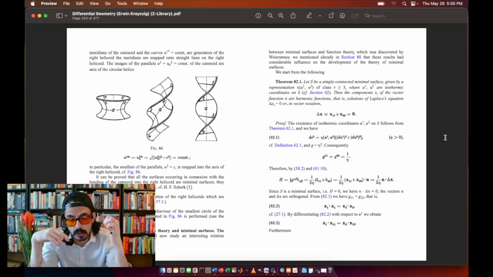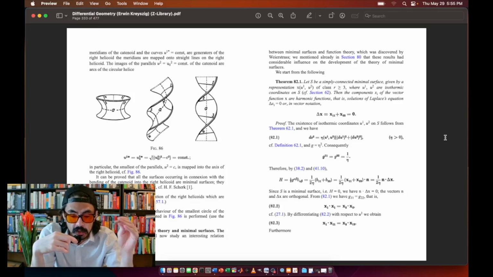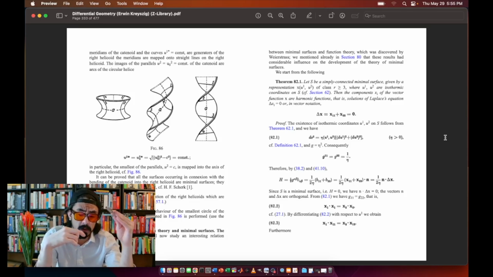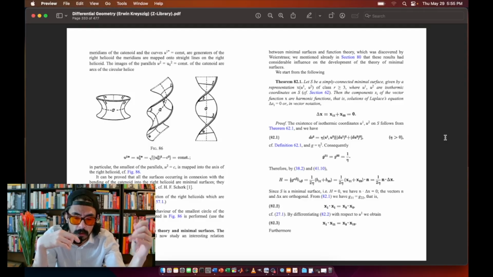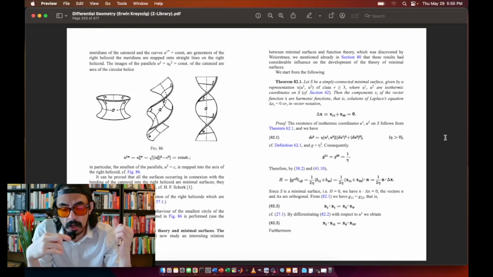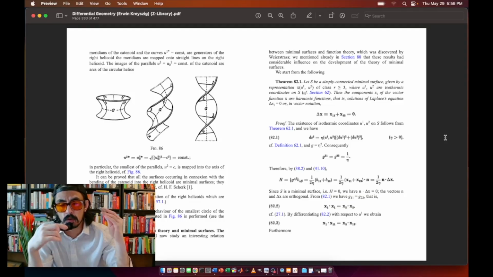But we're going to recapitulate that here. So because of those, we have capital H equals 1/2 g superscript alpha beta times b sub alpha beta, which equals then what's relevant to this proof, 1 over 2 nu times the quantity b sub 1 plus b sub 2.